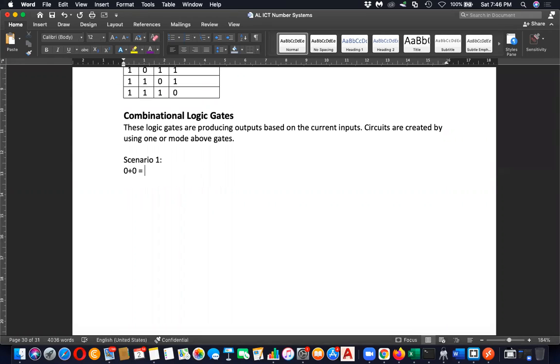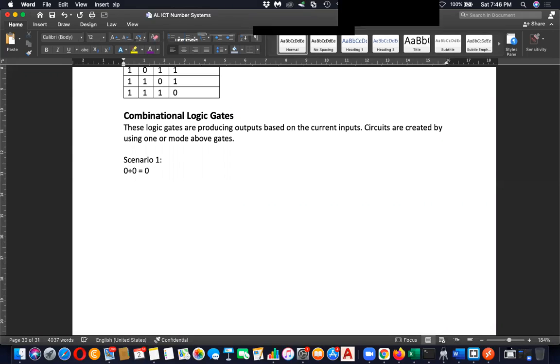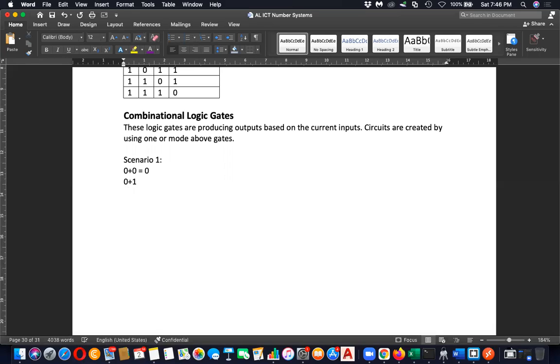Binary addition, think about addition. 0 plus 0 is 0. Then 0 plus 1 is 1. Then 1 plus 0 is 1. Okay, this is not big mathematics, right? 1 plus 0 is 1. So 1 plus 1.